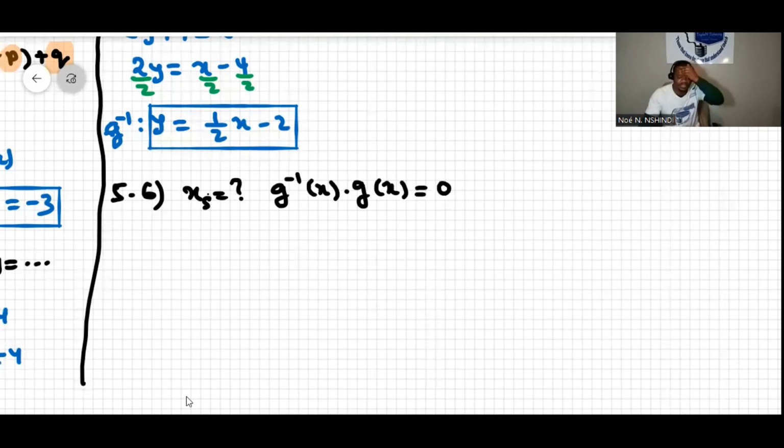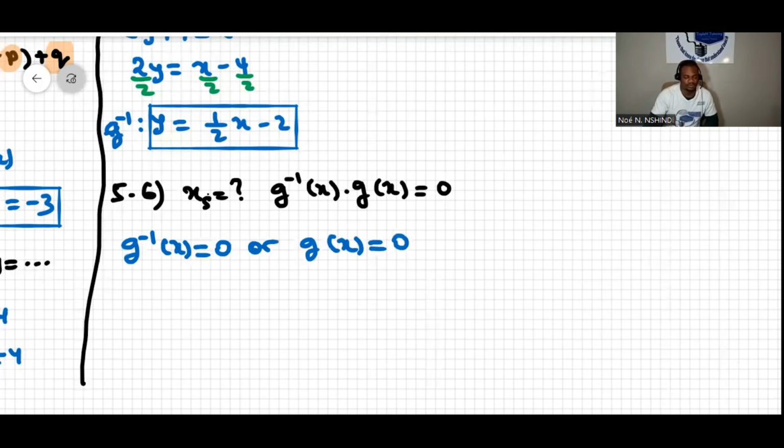This is simple because it means we're going to set g minus 1 equal to 0 or g of x equal to 0. So g minus 1 equal to 0 means a half x minus 2 equal to 0.